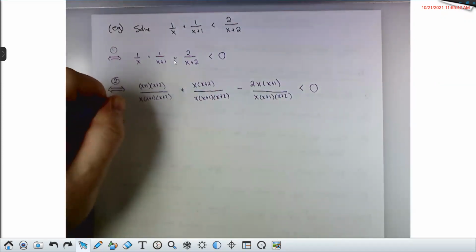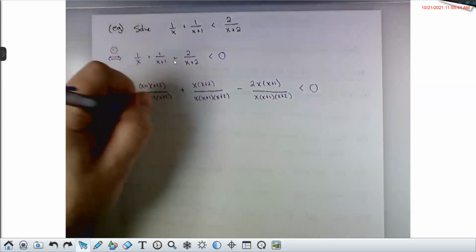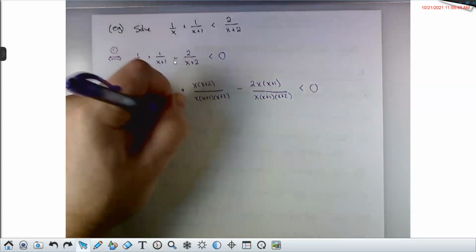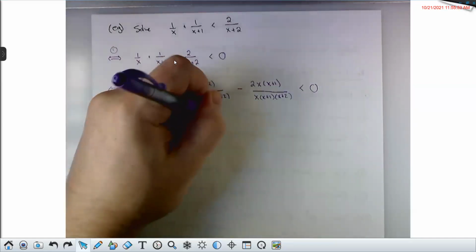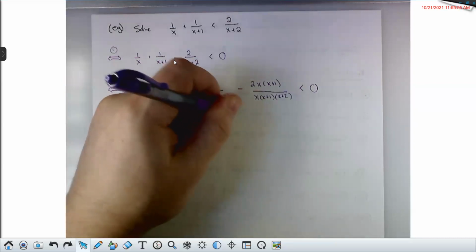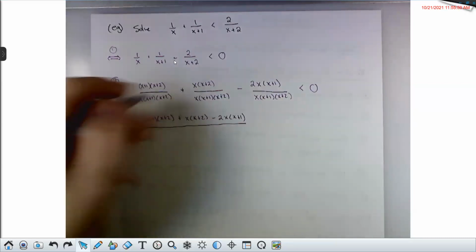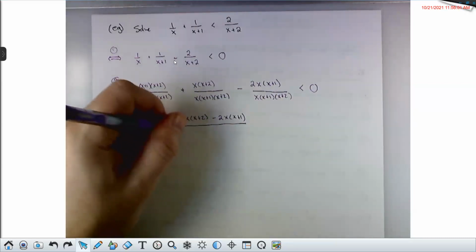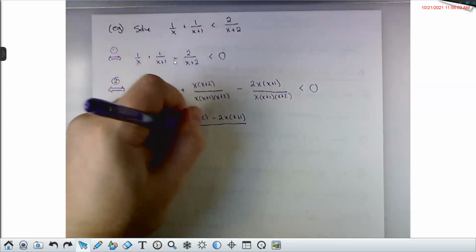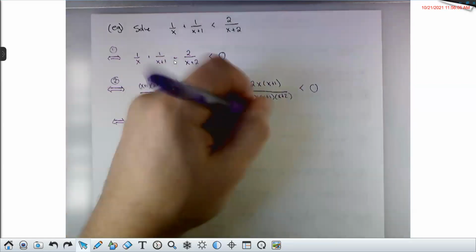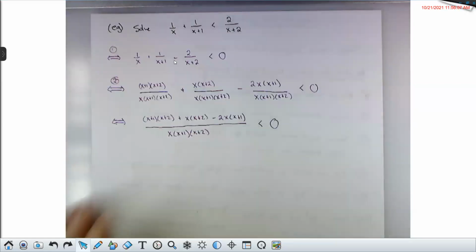Now, putting these together into one fraction, I get x plus 1 times x plus 2 plus x times x plus 2 minus 2x times x plus 1, all over x times x plus 1 times x plus 2, all less than 0.